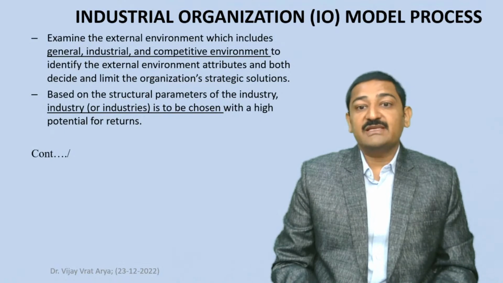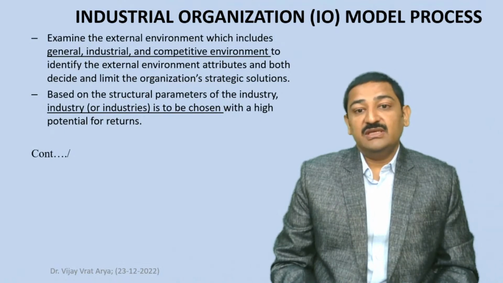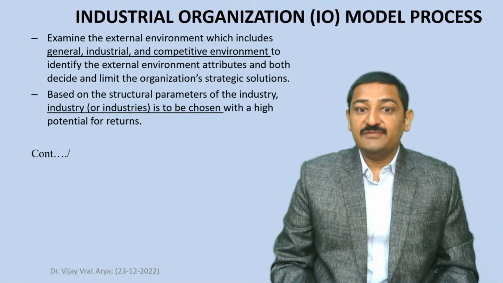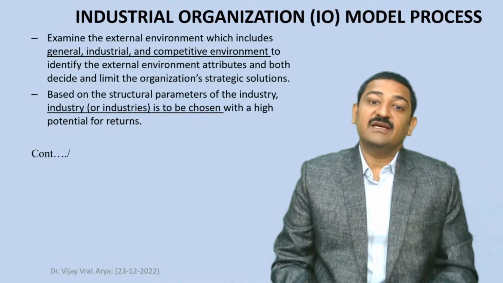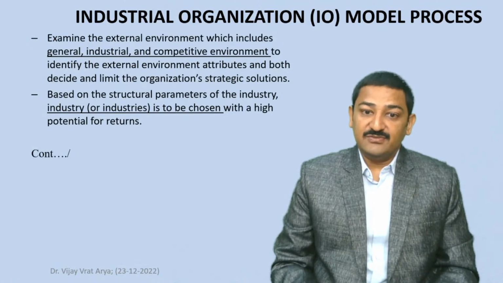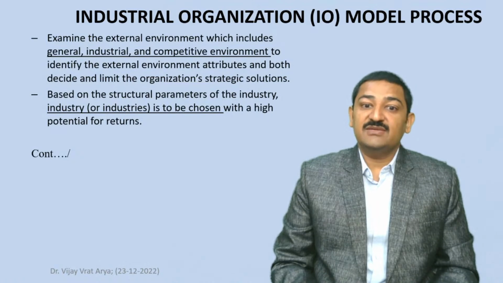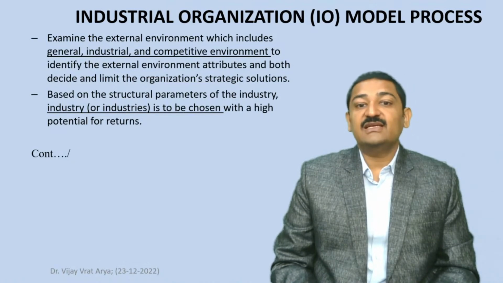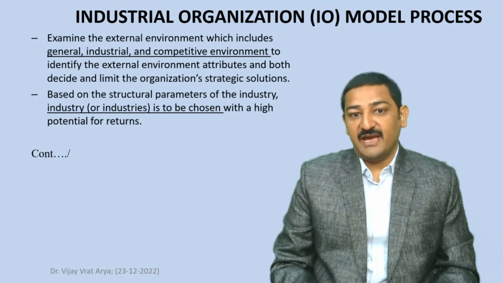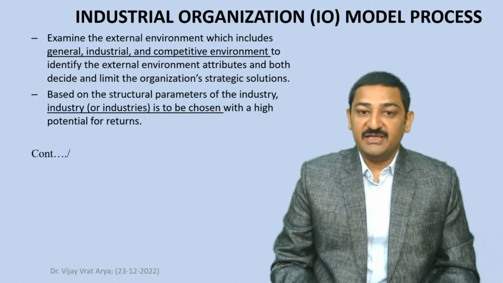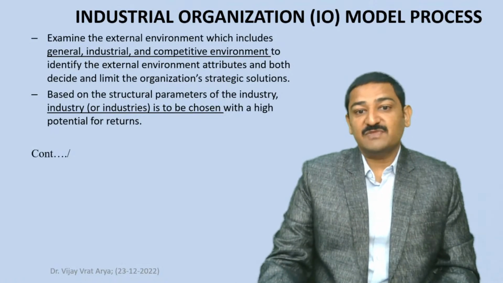So based on the industry selection, the strategy formulation, and subsequently the strategy implementation process, it helps in giving a competitive advantage to the respective organization in the respective group of industrial environment.